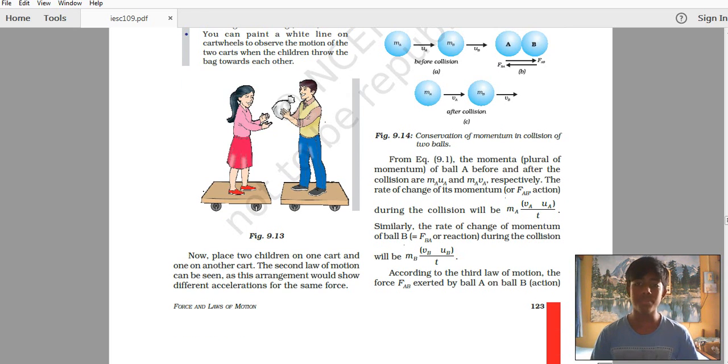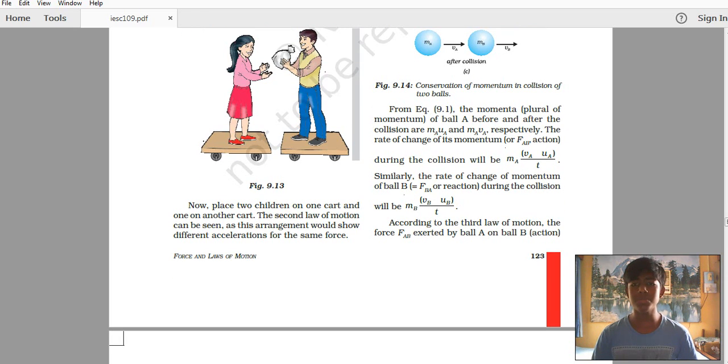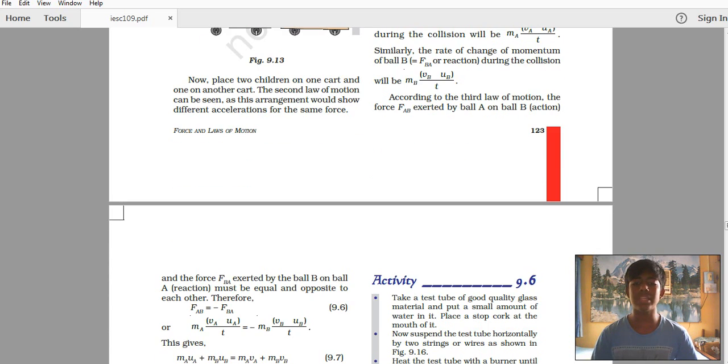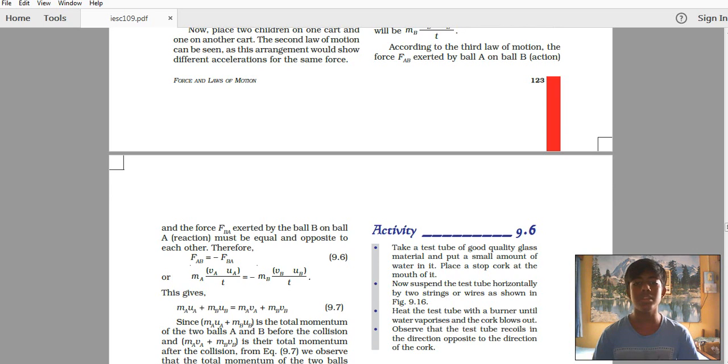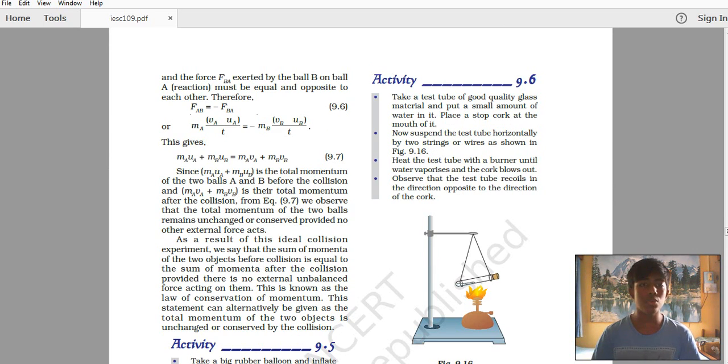This is the proof. A simple proof you can see from the NCERT book or any other guidebook like Exam Idea, Dinesh Physics, S Chand Physics, anything. Here the law of momentum is given: MAUA plus MBUB is equal to MAVA plus MBVB. It is nothing different, only the labels 1, 2 and A, B are different.